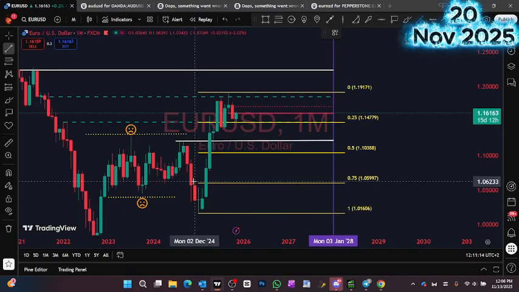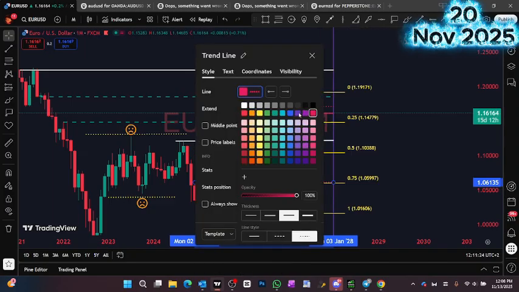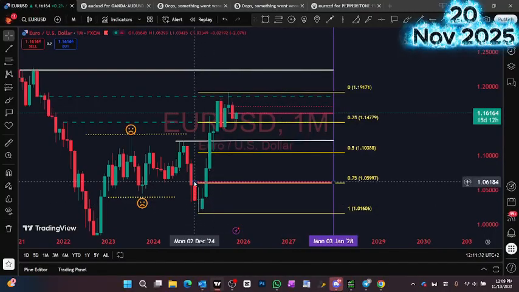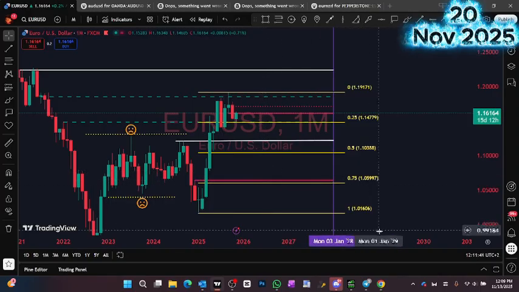So this one is solid because it hasn't been touched, so that's a bullish OB.